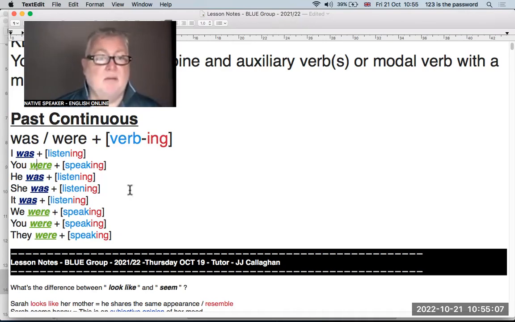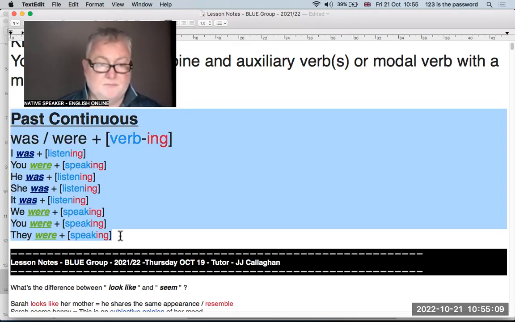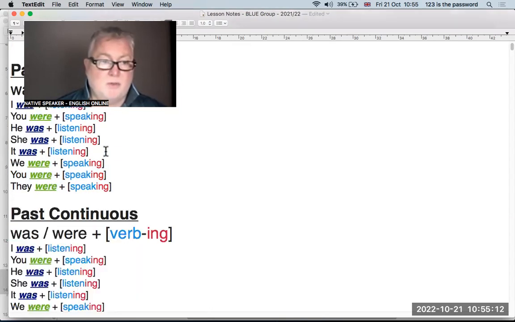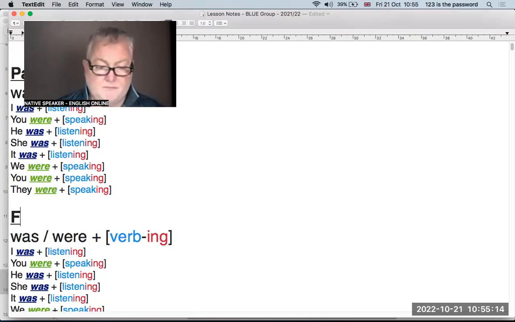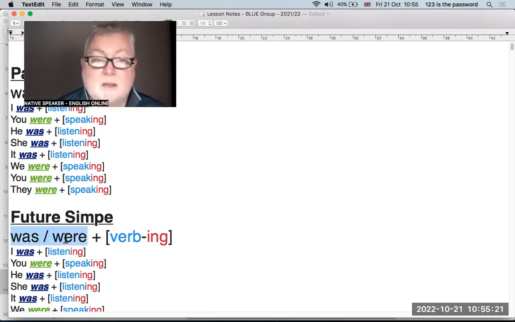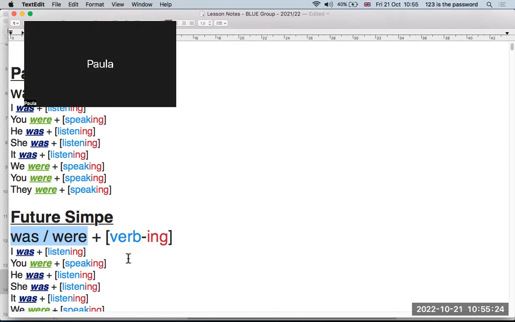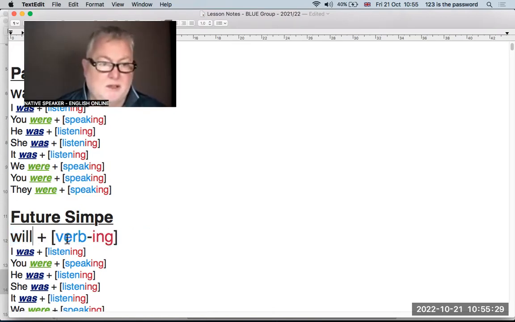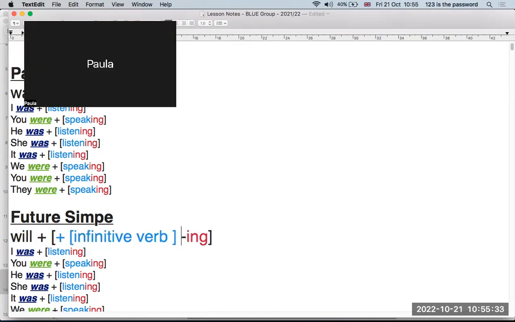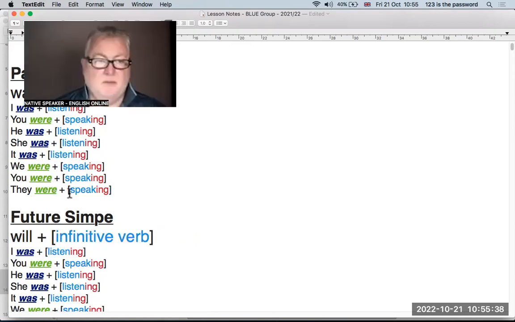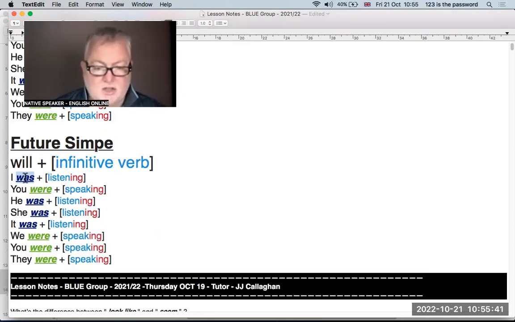Okay. How about the future simple? Does the future simple use one verb or two verbs? Tell me quickly. It's will. It's be. Okay, it's will plus infinitive verb. Any change?